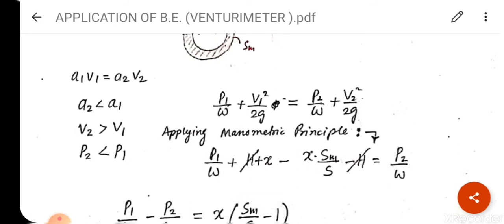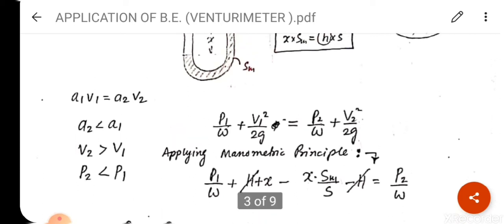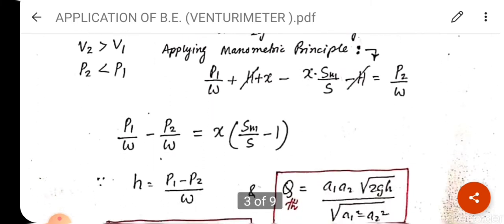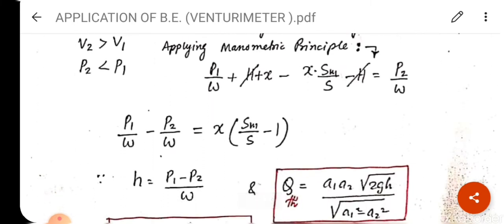Converting this mercury into water column, it will be minus x into Sm upon S, minus h is equal to P2 by W. So the final expression is P1 by W minus P2 by W is equal to x in the bracket Sm upon S minus 1. Clear?